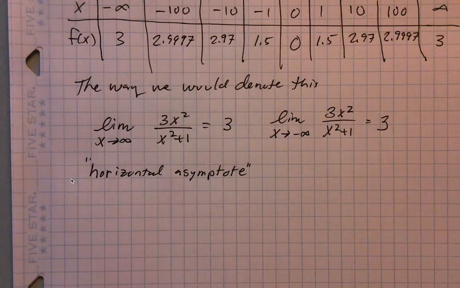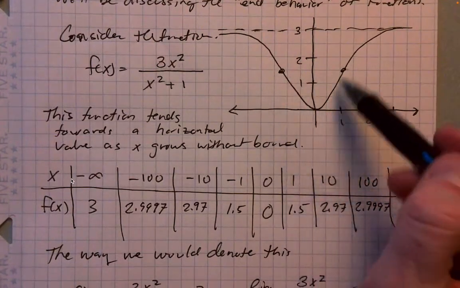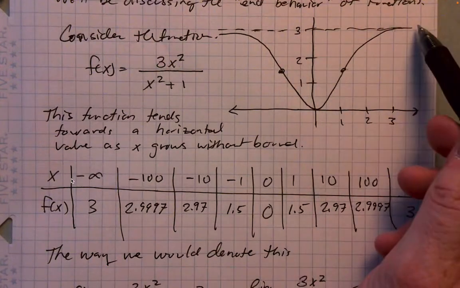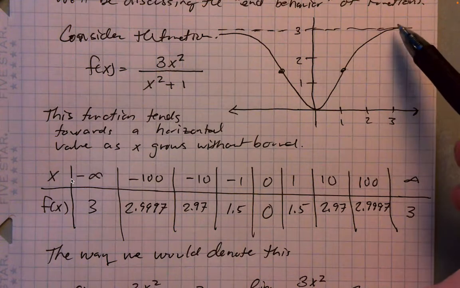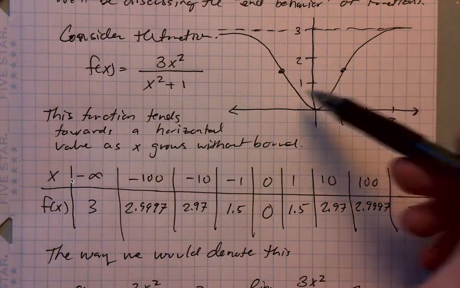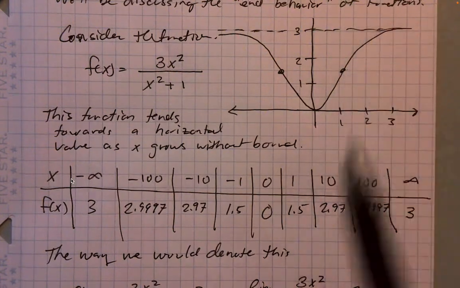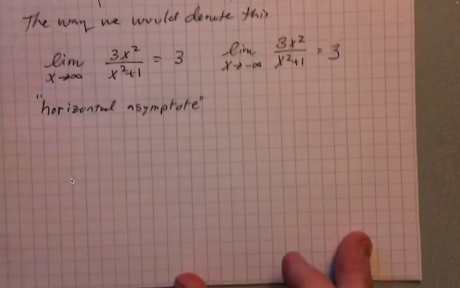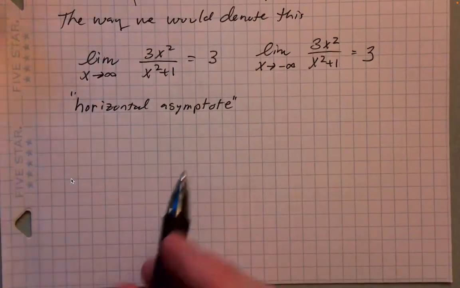In this case, this is an example of an asymptote that is horizontal. And the idea being that the function will approach this value but never precisely equal it, and will never cross it. It'll just get ever increasingly close to it. Okay, so let's define this idea of limits at infinity a little bit more precisely.